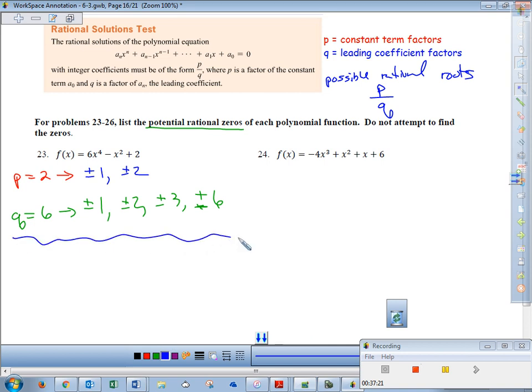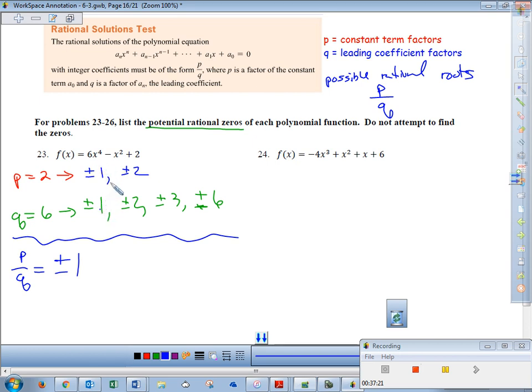So, P over Q. I do every blue number one at a time over every green number, right? You will have plus or minus 1 over 1, which is plain old 1, right?